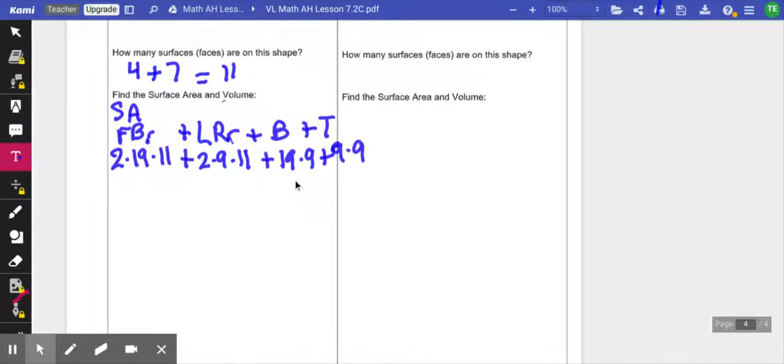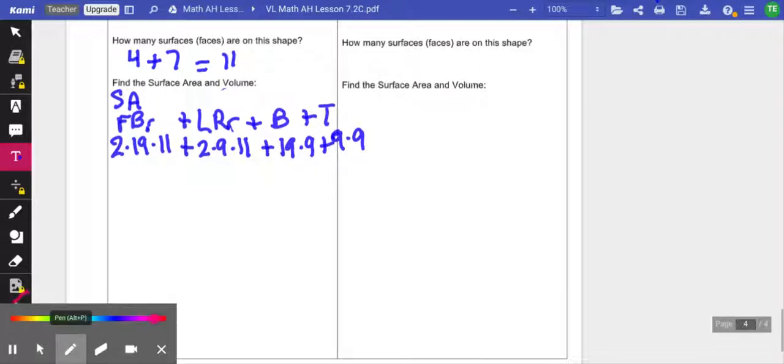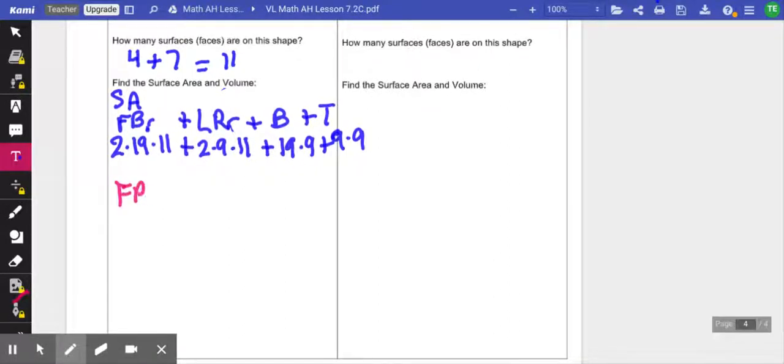So for the triangular part, I have a front, back. There's 2 triangles, and the triangles are base of 10 and a height of 12, and I have to divide by 2. But I have 2, so those 2 are going to cancel out.